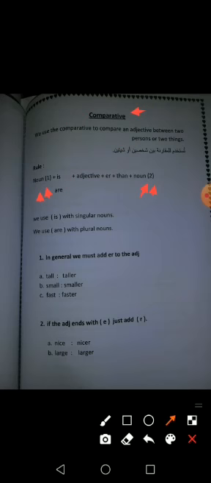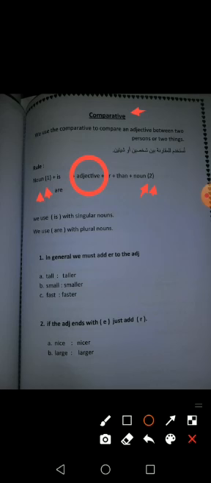We compare what? An adjective. We compare an adjective between those persons or between those two things. Okay, نستخدم المقارنة للمقارنة بين شخصين أو شيئين.